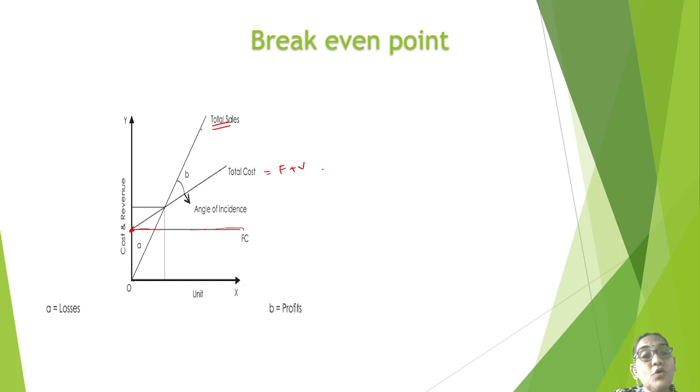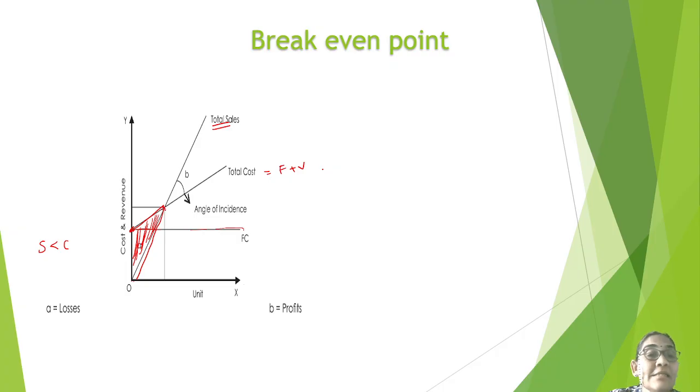The difference between total sales and the total cost is going to be your profit or loss. Now, this shaded area, which I'm marking with red, the sales line is below the cost line. That means in this case, sales is less than the cost. So this is your loss area.